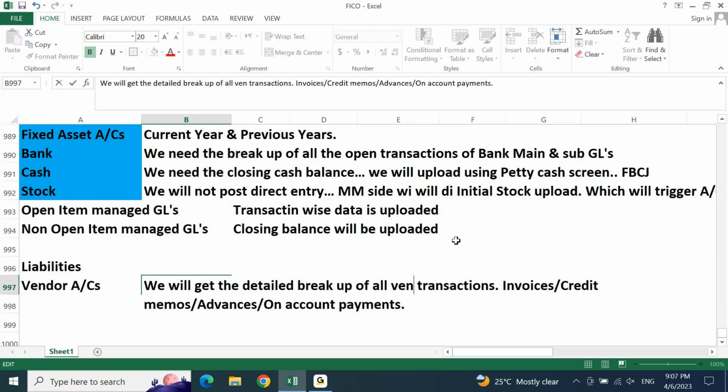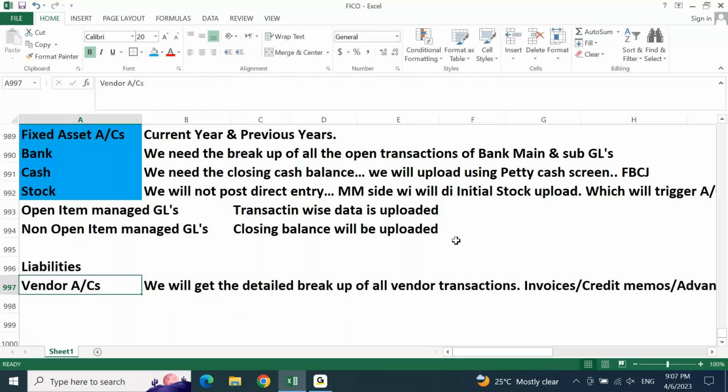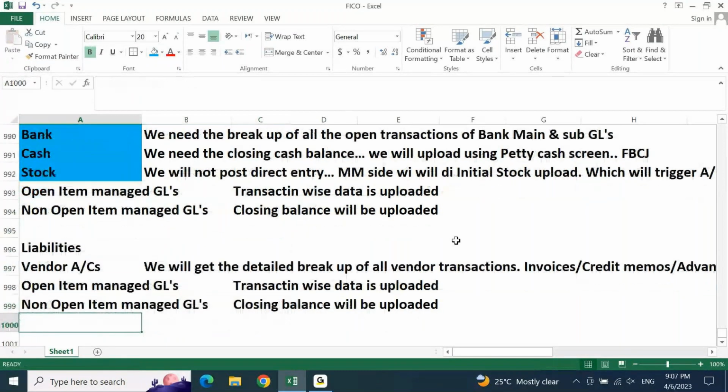And other accounts are same like this: open item, non-open item. And your retained earnings account is part of this. Your retained earnings account is non-open item.